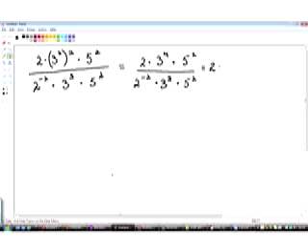So this becomes 2 multiplied by 2 squared in the numerator. Alright.